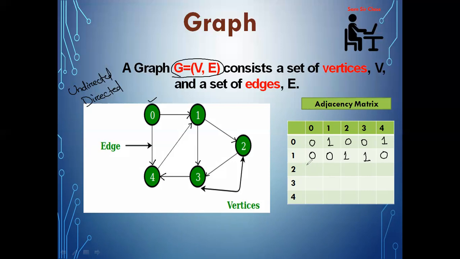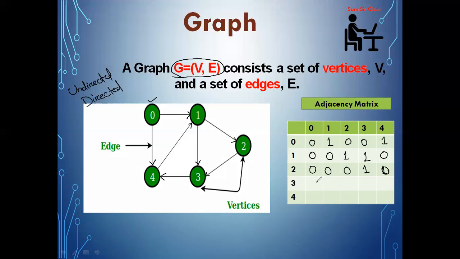Similarly, coming to 2, 2 to 0, there is no direction from 2 to 0. 2 to 1, also there is no direction. 2 to 2, there is no direction. 2 to 3, yes, there is a direction from 2 to 3. So 1. 2 to 4, there is no directed path. So this will be 0.